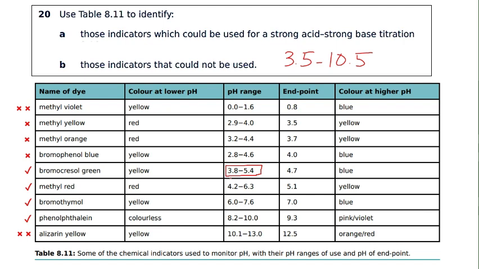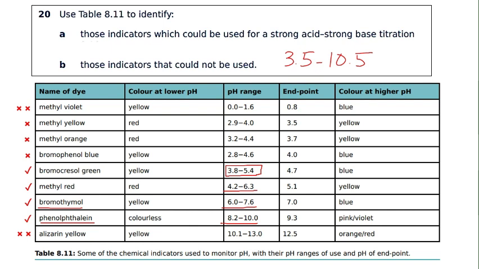So 3.8 is more than 3.5 and 5.4 is less than 10.5. It is in the range, so it will work well. Then methyl red, 4.2 to 6.3, will also work as a good indicator for strong acid and strong base. Then bromothymol blue will also work well because it has the range 6 to 7.6. Then phenolphthalein will also be a good indicator, having pH 8.2 to 10.